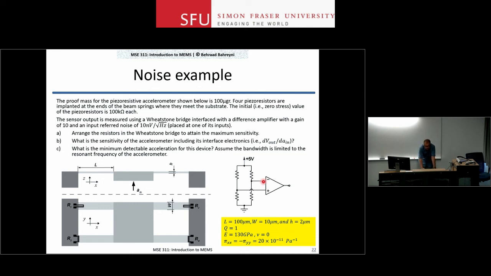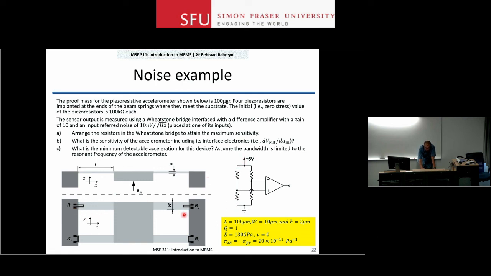Well, I know that if I want to get the maximum sensitivity out of a Wheatstone bridge, I want to arrange the sensitive elements in there such that they move in opposite directions. The changes between the elements are opposite. So if R1 is here, I want a device here whose value is changing in the opposite direction for the same input.